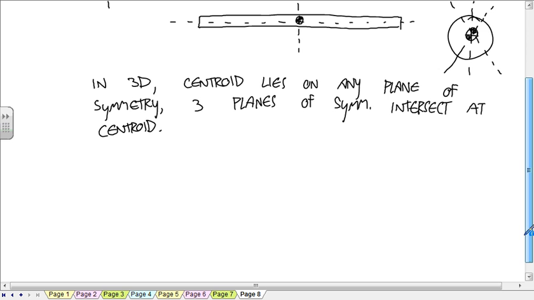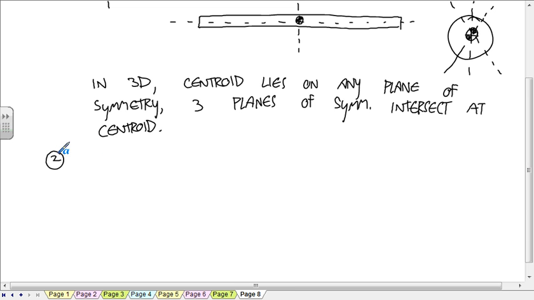Okay, the second useful fact is you can break objects up into pieces and use a sum formula to calculate the centroid of the thing that's built up from all these simpler shapes.